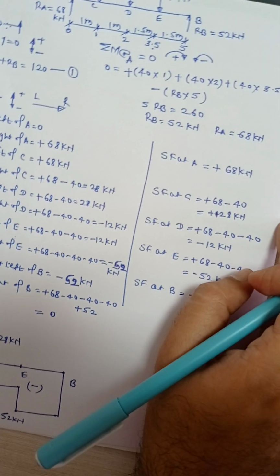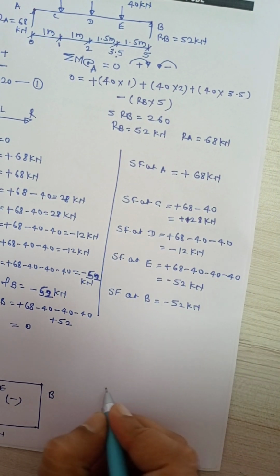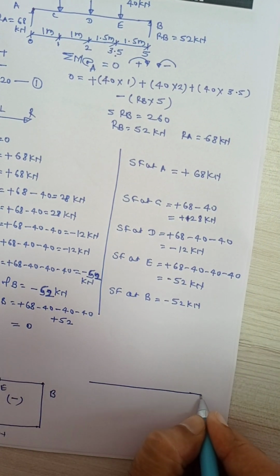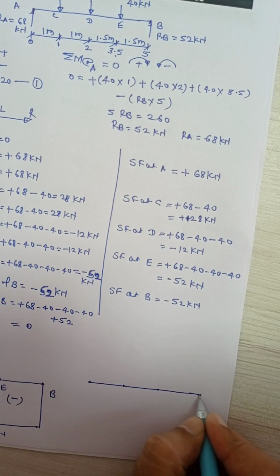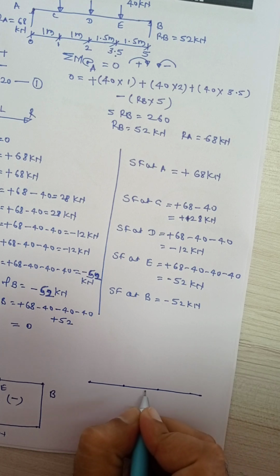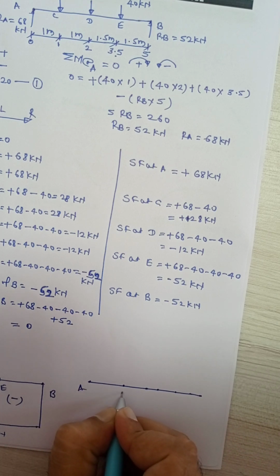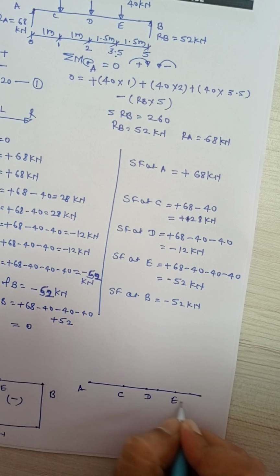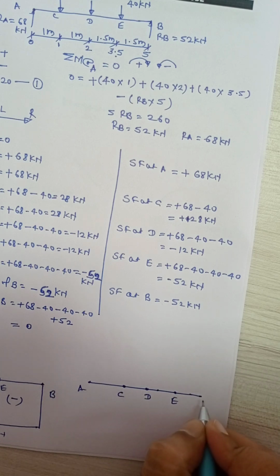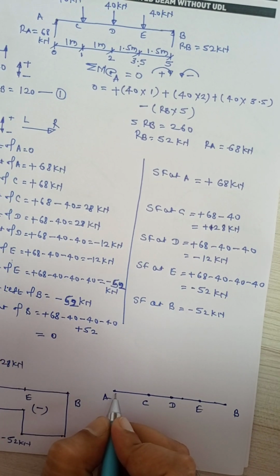But we can also draw the SFD as per these calculations. So first is a zero line, mark the key points. At A, what is the value?